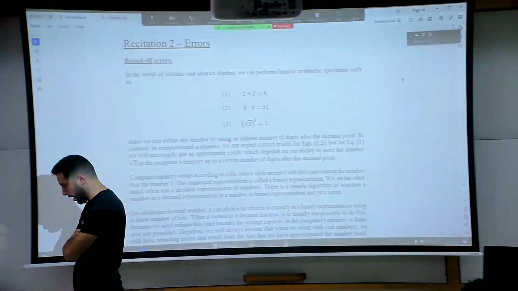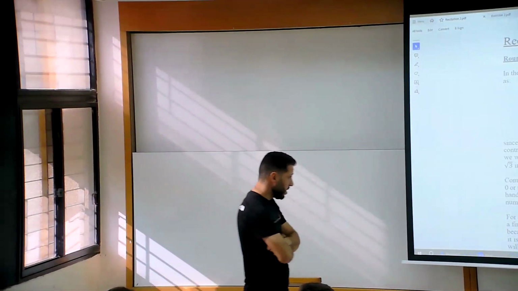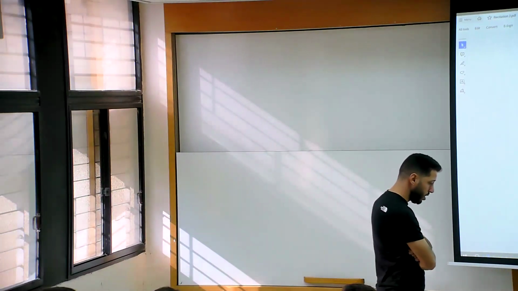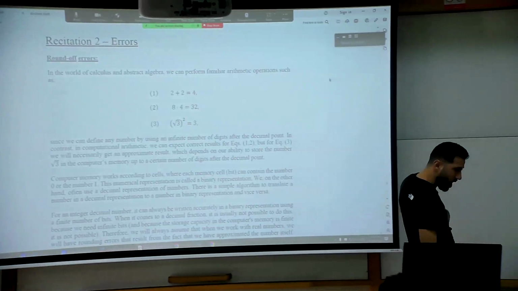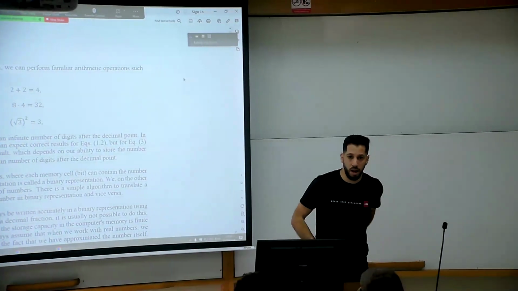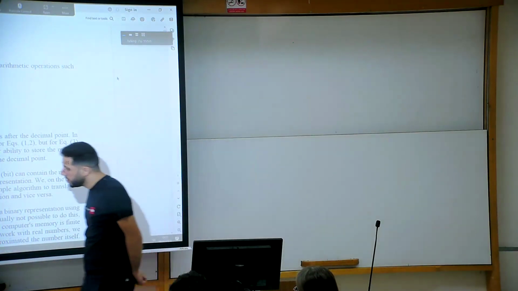So we have bits, okay, and we can represent values with these bits, and there is a finite number of bits, and we have standard or typical ways of storing the values.